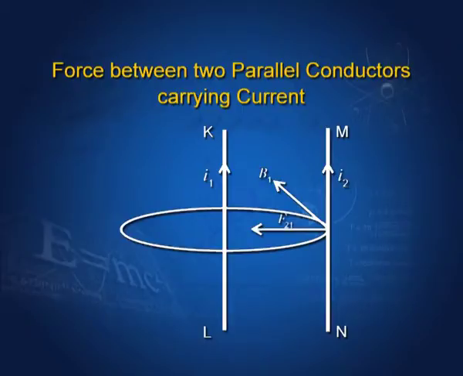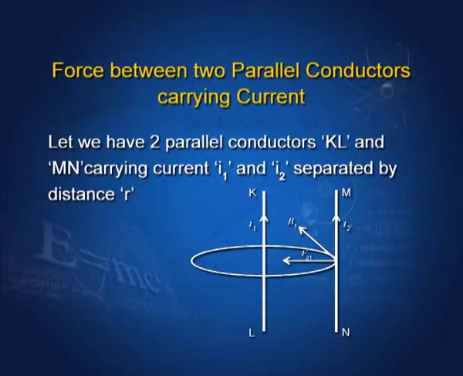Force between two parallel conductors carrying current. Let us have two parallel conductors KL and MN carrying current I1 and I2, separated by distance R as shown in the diagram.